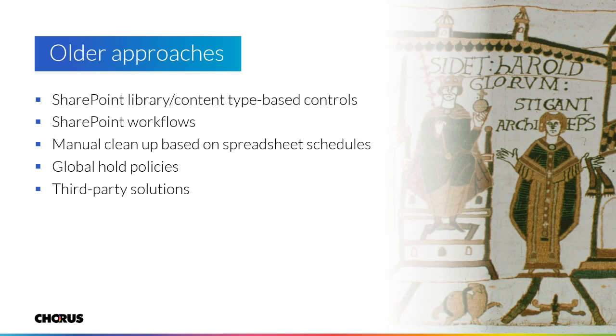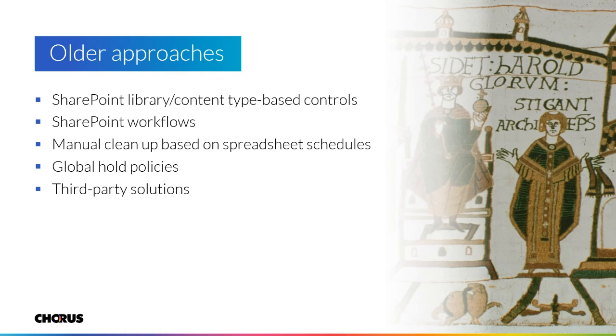So in the past, there were various approaches we'd use to this. Within SharePoint, there were library or content type specific controls. We also use SharePoint workflows fairly heavily to clean things up. We still see many organizations relying on manual cleanup.